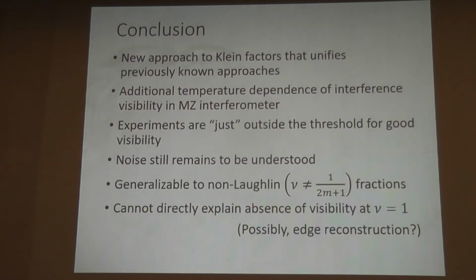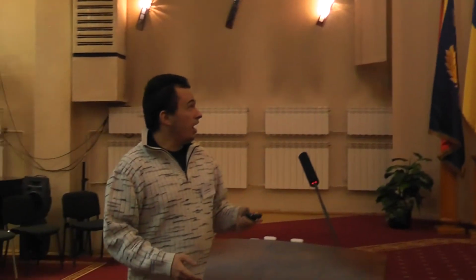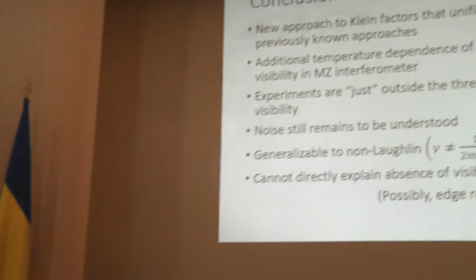So in conclusion, I've proposed a new approach to the Klein factors that unifies previously used approaches. And this approach gives additional temperature dependence of the interference in the Mach-Zehnder interferometer that explains the absence of interference current in the experiments.